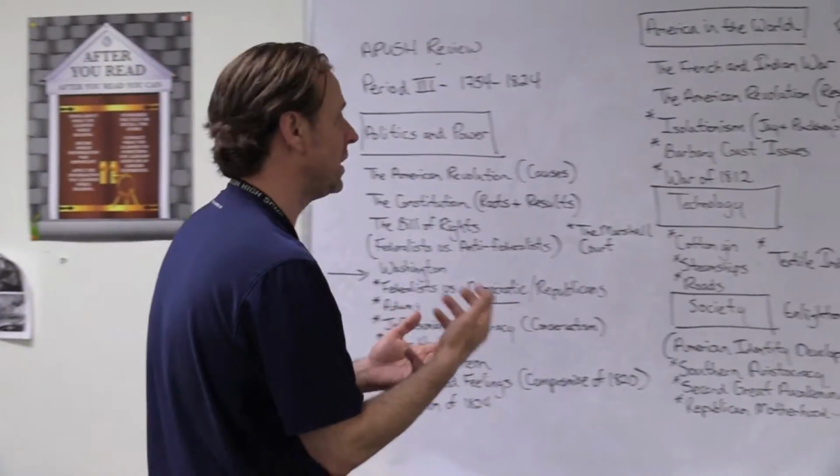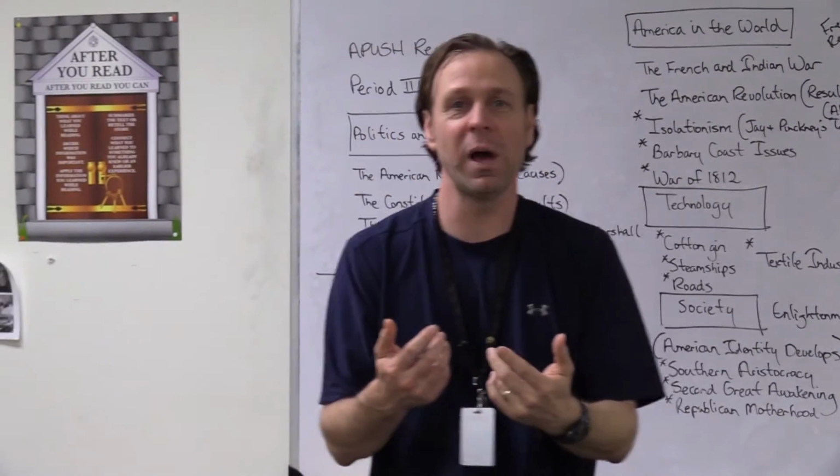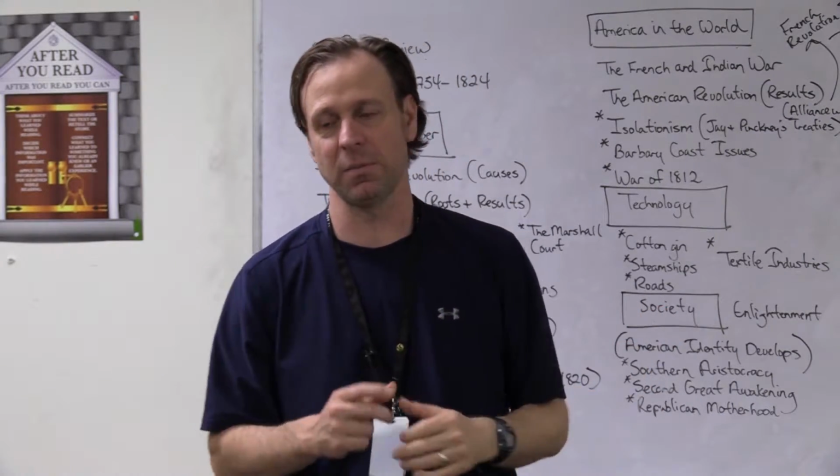Now, we have to understand something. When Adams becomes president, we also have another flare-up in tensions between the United States and France. You see, at the end of the French Revolution, the French go to war against the British.